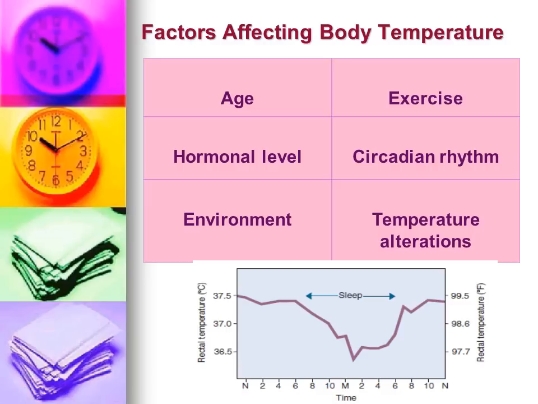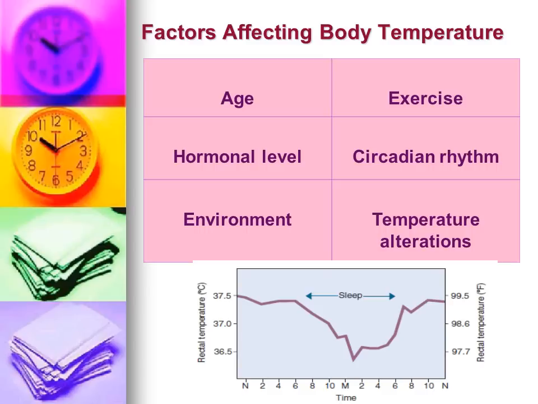Exercise stimulates muscle activity and requires an increased blood supply and increased carbohydrate and fat breakdown. Exercise will increase heat production and body temperature. Women experience greater fluctuations in body temperature than men. Hormonal variations occur during the menstrual cycle and menopause.